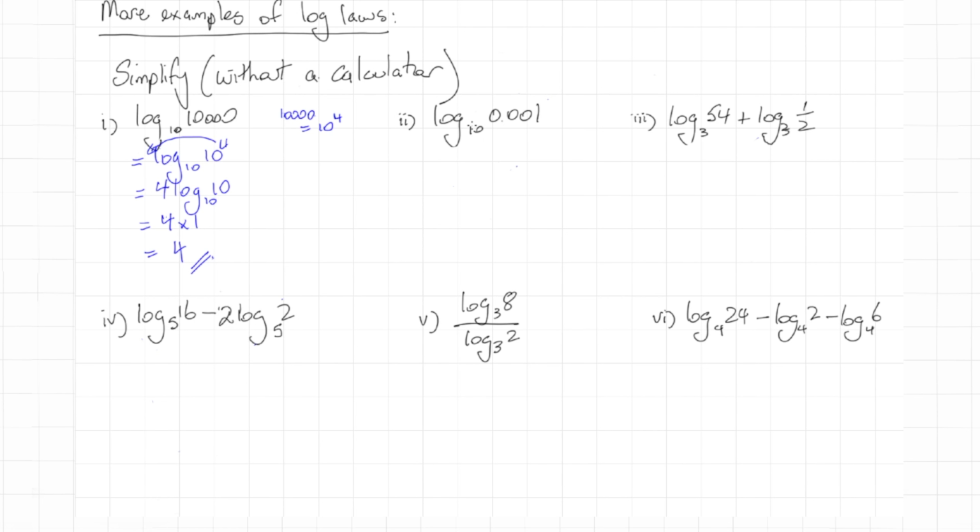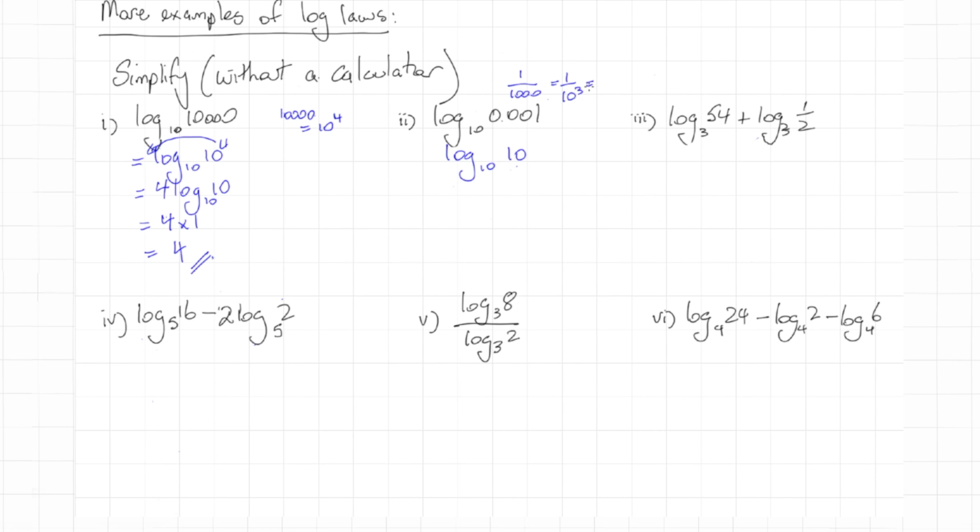We'll use a similar type of method here. We've got log to base 10 of 10 to some power, and we ask ourselves the question, 10 to what power is 0.001? So 0.001 is 1 over 1,000, which is 1 over 10 to the power of 3.